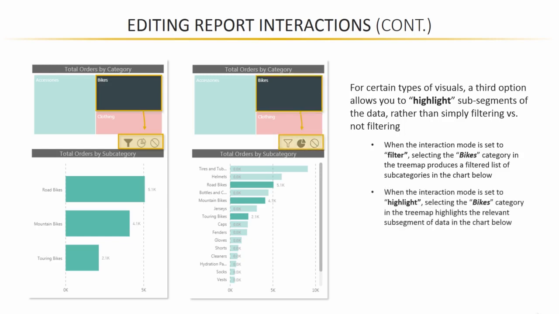In the second example, when the interaction mode is set to highlight, which looks like a pie with a slice pulled out, selecting the bikes category in the tree map doesn't filter down the list of subcategories, it simply highlights the relevant subsegment of data. So both options are perfectly valid, it's just a matter of how you want to display this relationship between your visuals. So let's head back to our report and try configuring some of these interactions ourselves.